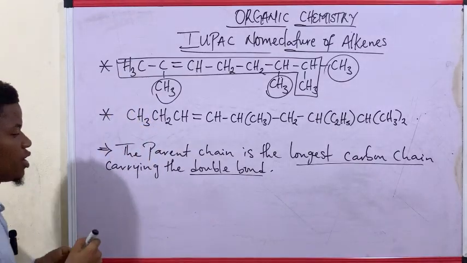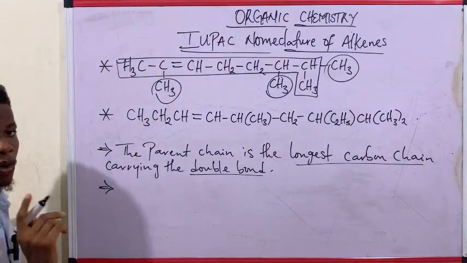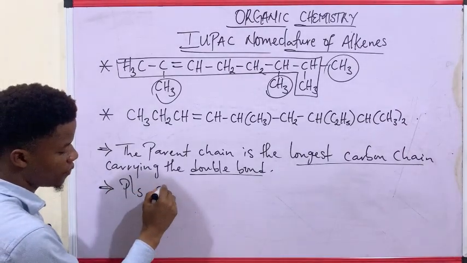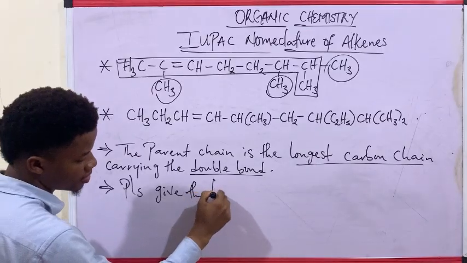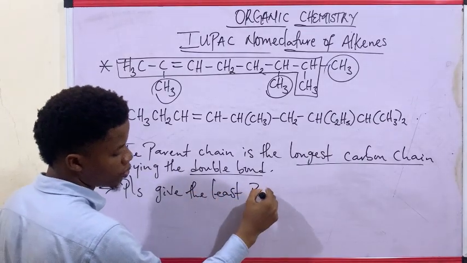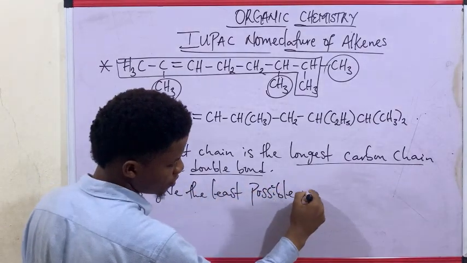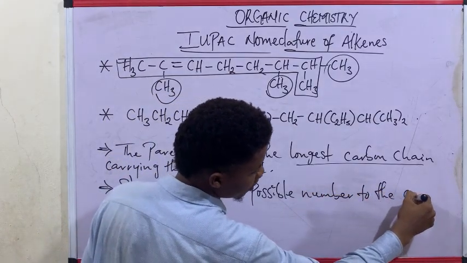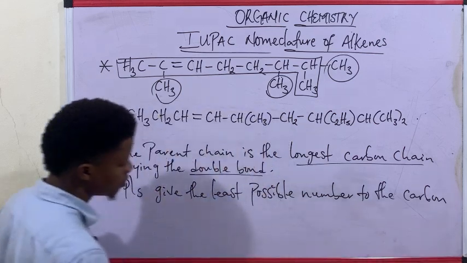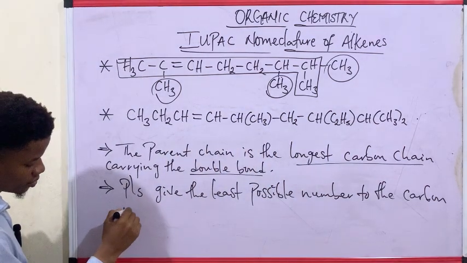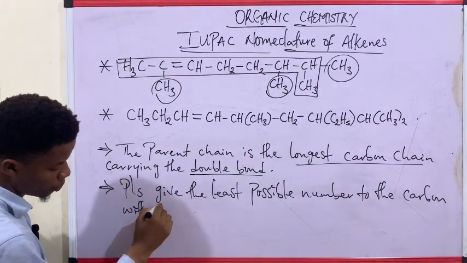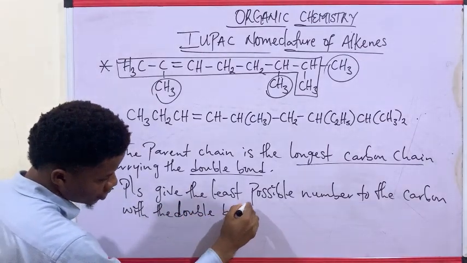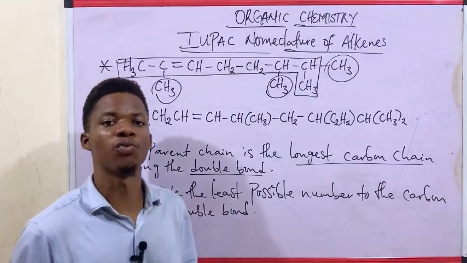Another thing you need to take note of for the alkenes is the numbering system. Please give the least possible number to the carbon with the double bond.